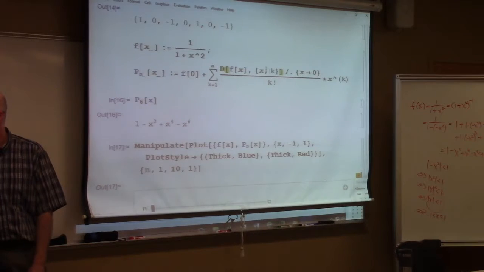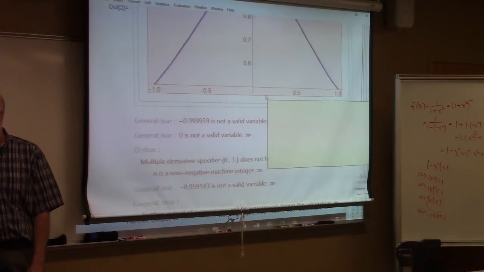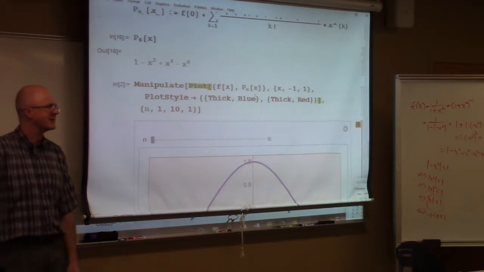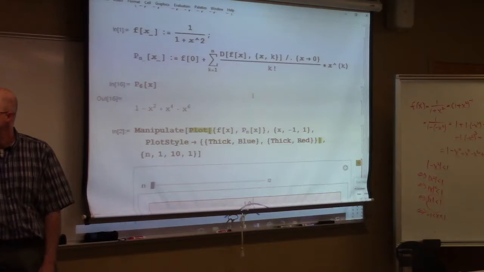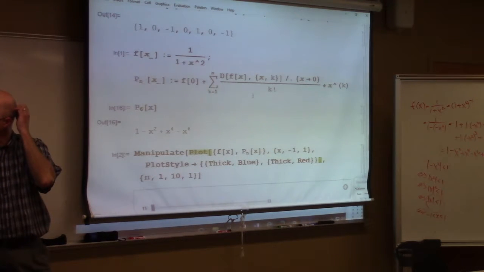Let's try it. Now we're still running into problems. I'm not sure what the problem is. I thought I fixed all the problems from the previous class. I don't think the fact that n is a subscript is a problem.